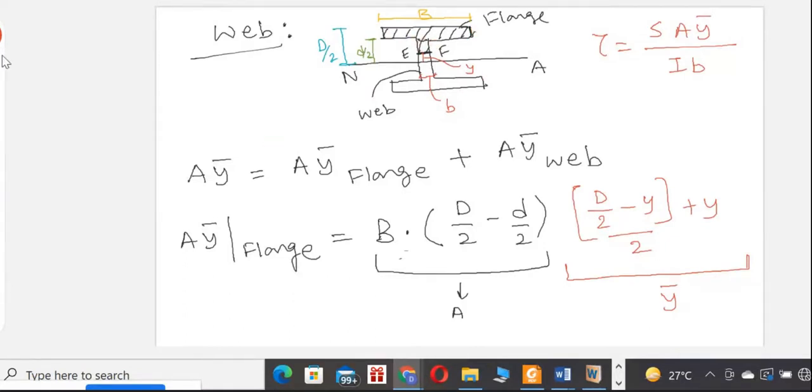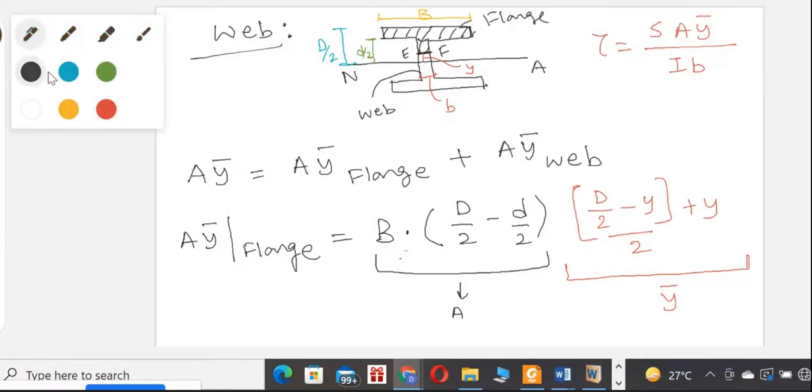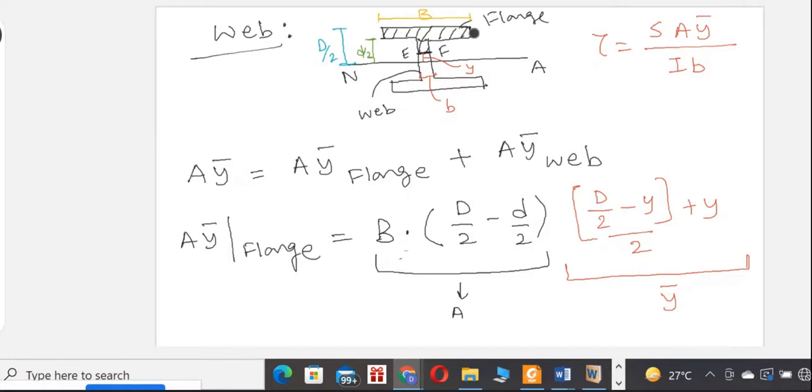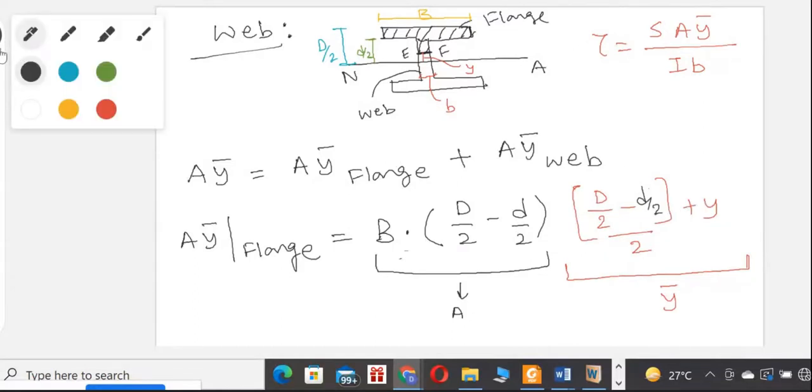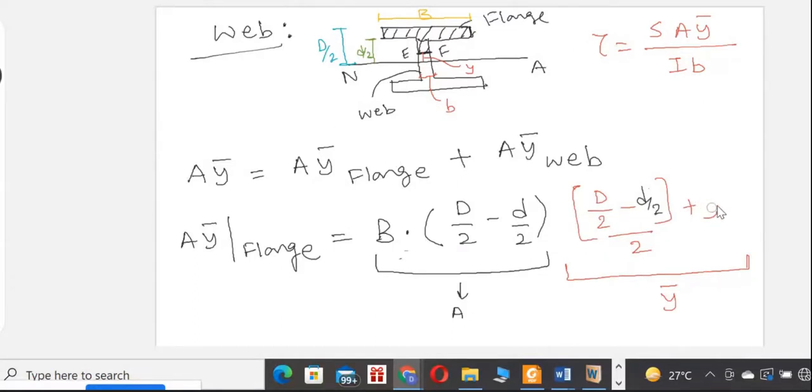So this is capital D by 2 minus small d by 2, and y will not be there because y is within the web. We are thinking about the flange.